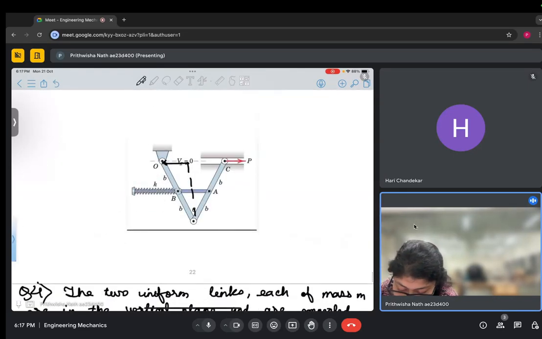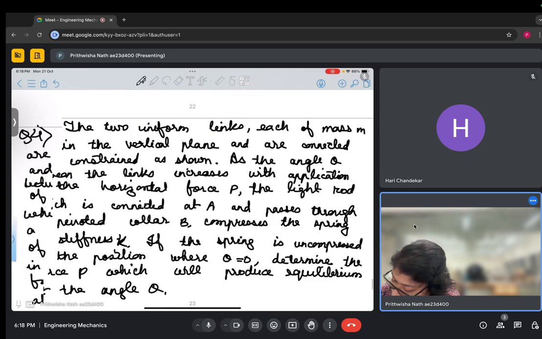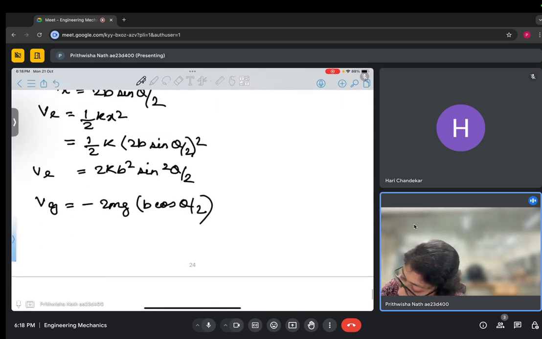It is nothing but twice of x, that is 4b sin theta by 2. OC can be written as 2 into 2b sin theta by 2.